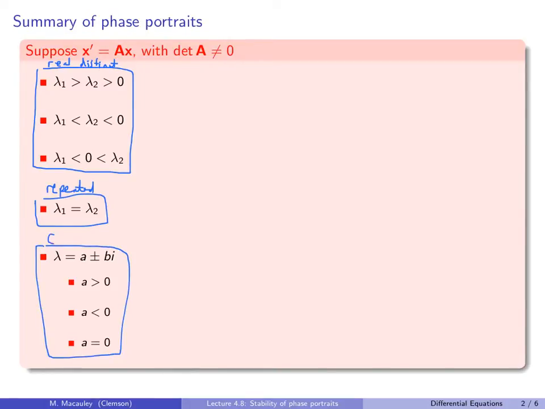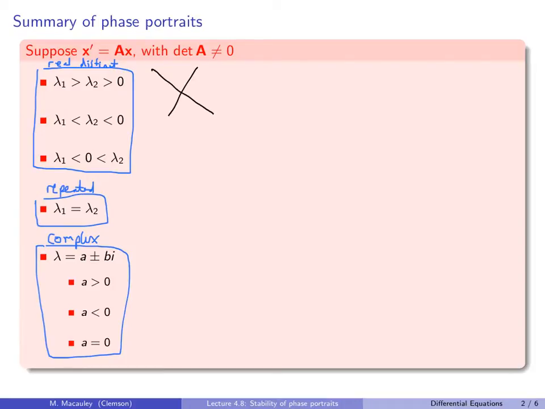In these first two cases, either when they're both positive or both negative, we get one of these. I'm going to sketch the eigenvector lines.